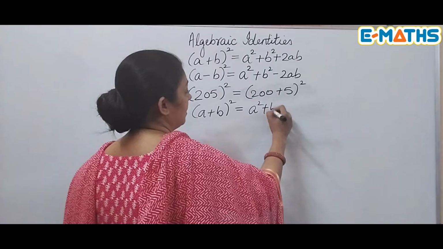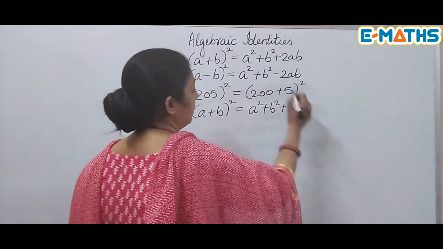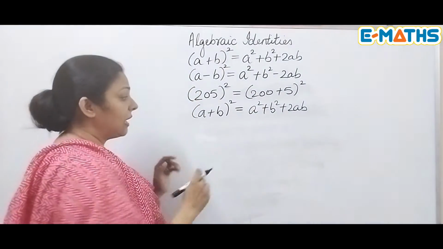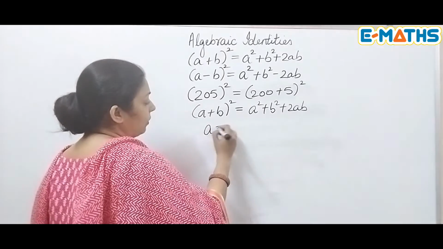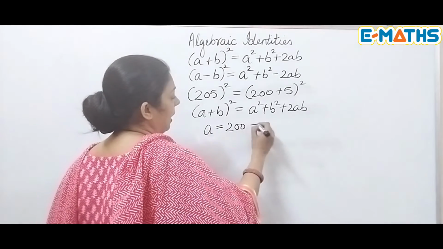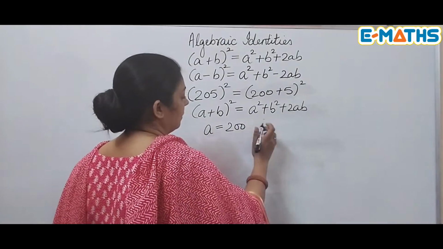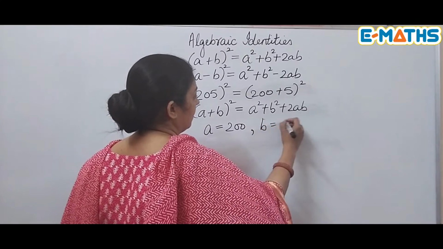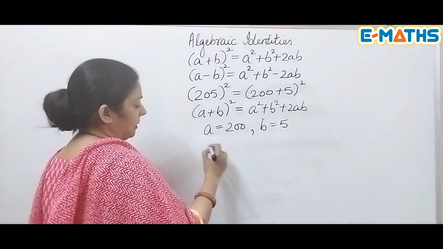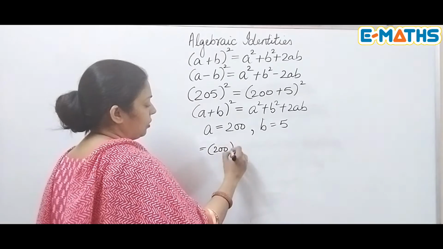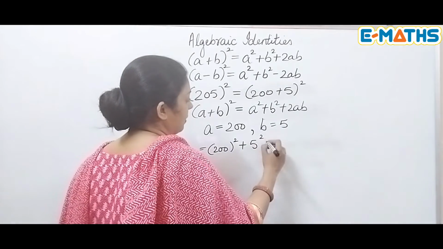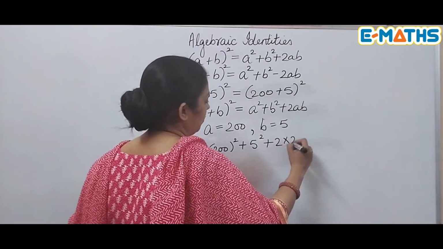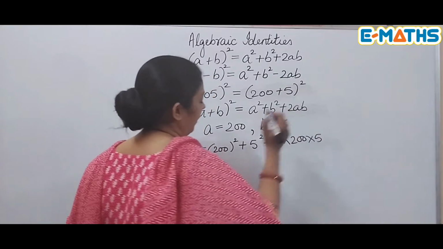A square plus b square plus 2ab is this, and now don't forget to write the values. A is 200 here and b is 5. So now place it. A square means 200 square, b square means 5 square, and plus 2 into 200 into 5.